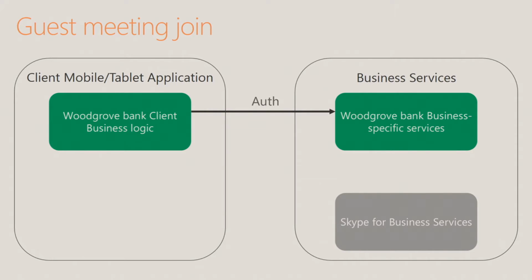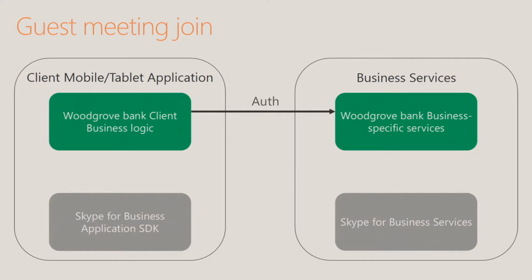And Woodgrove has a Skype for Business deployment, which is for its own employees. Those are the authenticated endpoints, the Skype employees. What we're looking to now enable is the scenario where you can embed the App SDK in the client application and provide the ability for this customer to talk to a Skype for Business endpoint, a Woodgrove Bank employee in the backend.